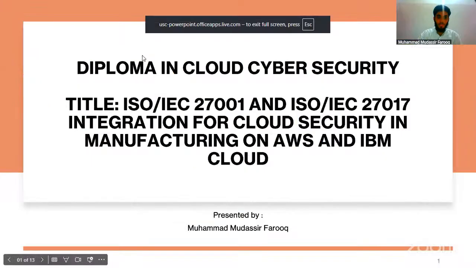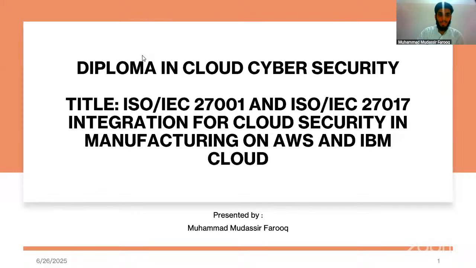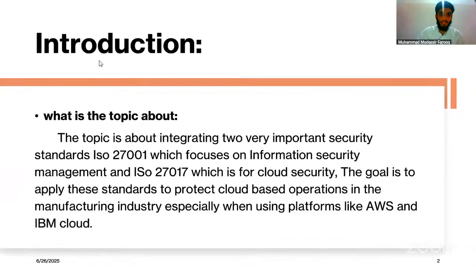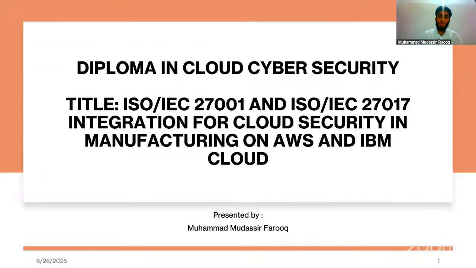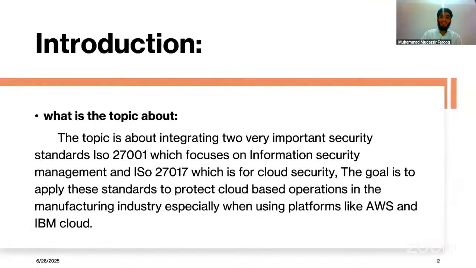Bismillahir Rahmanir Rahim. Assalamu alaikum everyone. My name is Muhammad Mudassir Farooq, and today I will be presenting on the topic of ISO 27001 and 27017 integration for cloud security in manufacturing on AWS and IBM Cloud. So what is the topic about?